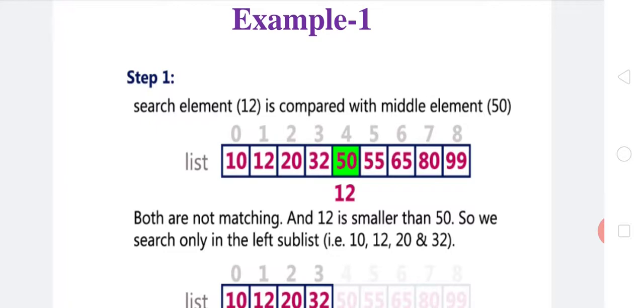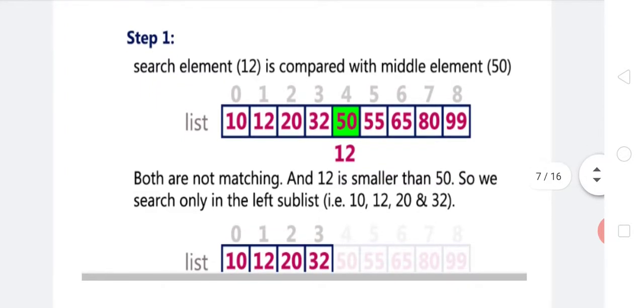Now the search element 12 is compared with the middle element. The element at location 4 is 50, so 12 is compared with 50. We can see that 12 is less than 50. So we search for element 12 in the left subarray of the middle element.